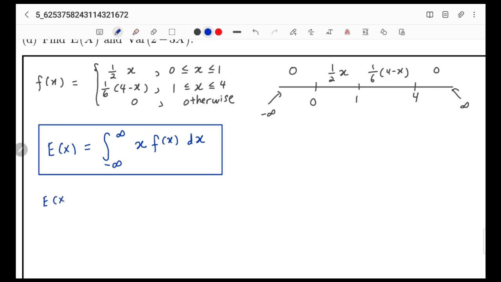So EX is equal integrating from negative infinity until infinity. So I'm going to start from negative infinity and then stop it at 0.